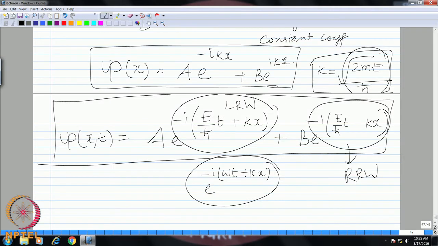The momentum of the particle can be exactly determined here, because you have the wave vector k which is related to constant E. So, all these are constants. So, your momentum p is equal to h bar k, now exactly determined from this particular expression.